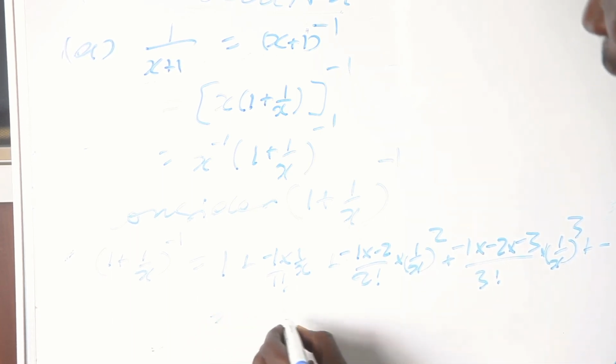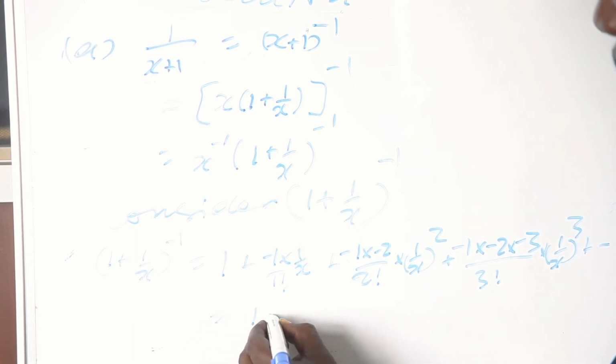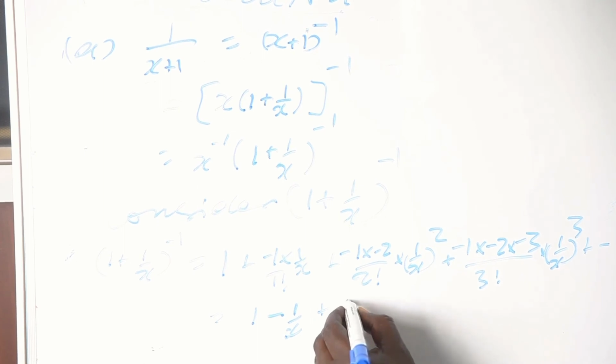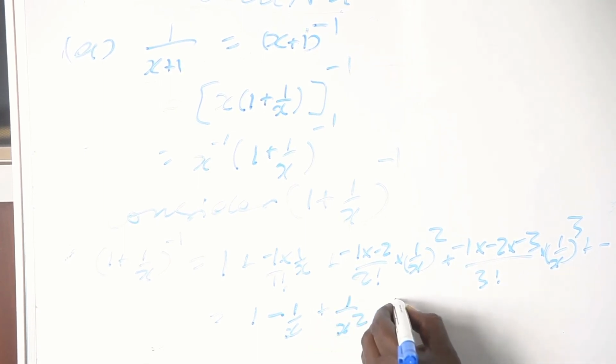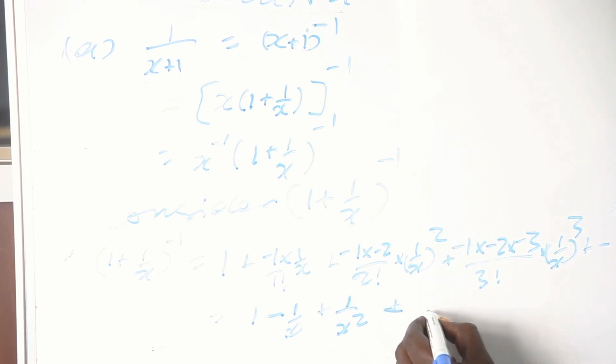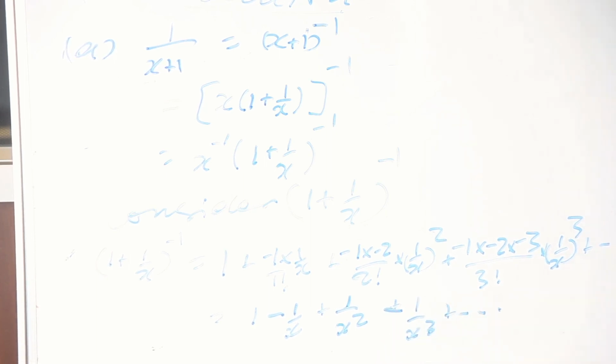So what I have here is 1 minus 1 over x, then plus 1 over x squared, plus, this one gives us a minus 1 over x cubed, and so on.